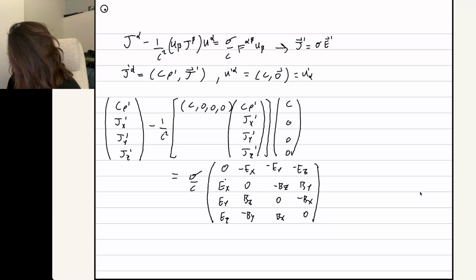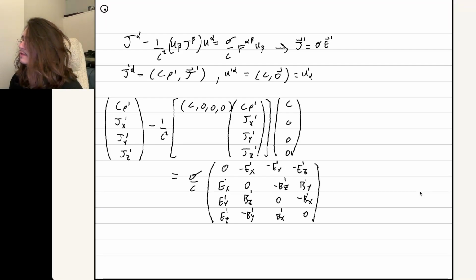And then with primes on all of that, because all of this is supposed to be representing the fields in the rest frame. So there you go. And then it's contracted with the row 4-velocity, so it's going to be c, 0, 0, 0. All right.